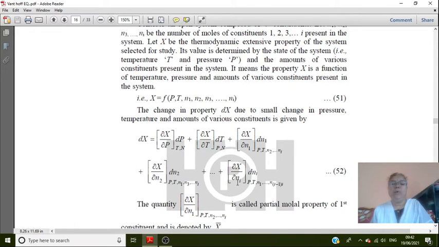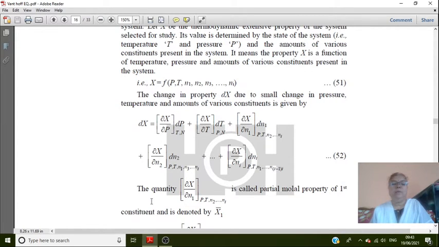Similarly, ∂X/∂ni times dni at constant pressure, temperature, and n1 up to n(i-1) constituents.